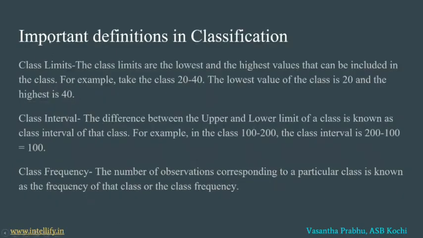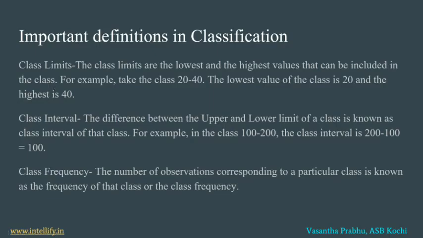Next, important definitions in classification. When we are doing classifications, we have to see some basic definitions, basic things we will do with classifications. First one is class limits. The class limits are the lowest and highest values that can be included in the class.